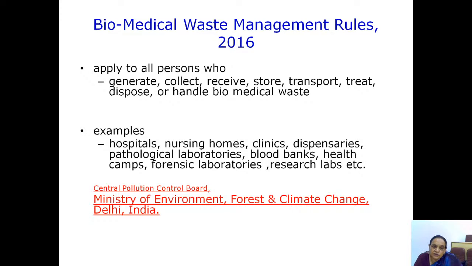So in 2016, it came under the Central Pollution Control Board, CPCB, which is under the Ministry of Environment, Forest and Climate Change. Each state will have its own, in Delhi, it is the Delhi board. And this rule applies to all persons who generate, collect, receive, store, transport, treat, dispose or handle biomedical waste.